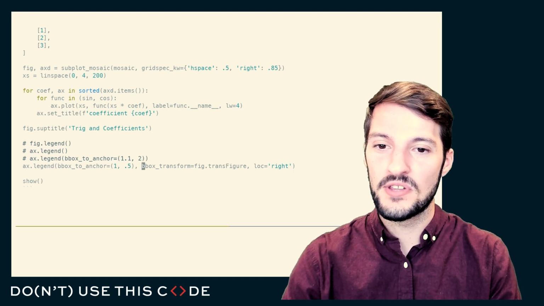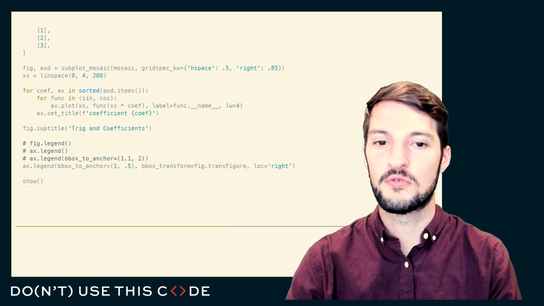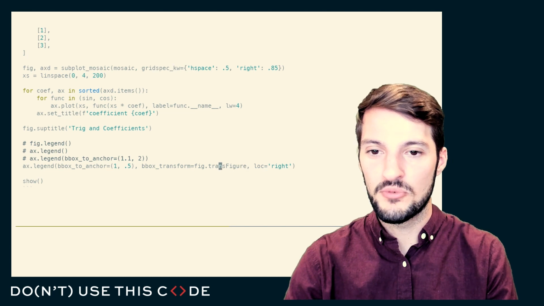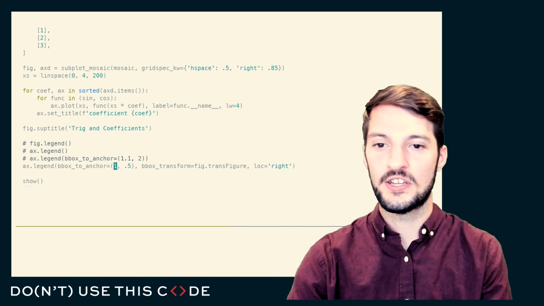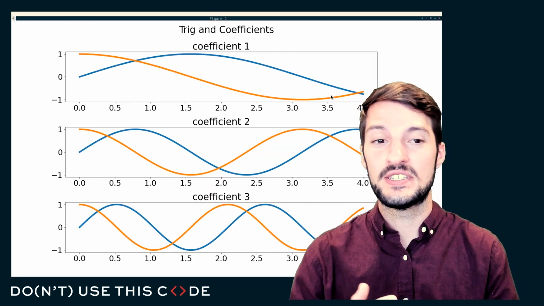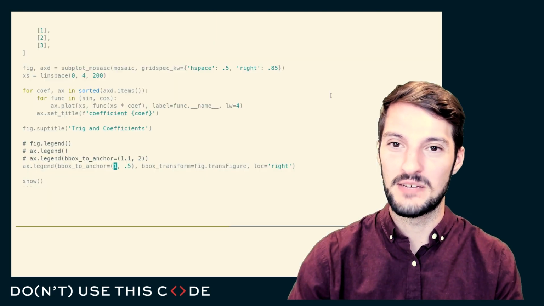But instead of plotting on your axes coordinate system, plot on my figure coordinate system. You can see here, just by specifying 1 and 0.5, which means plot it all the way to the right and plot it halfway up the figure, I can make a very nice centered legend that is aesthetically pleasing, easy to look at, and ready to send to your boss for those good brownie points.